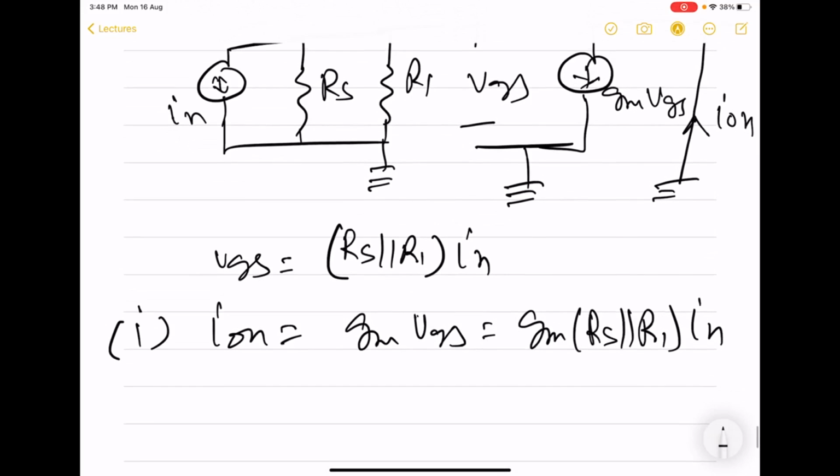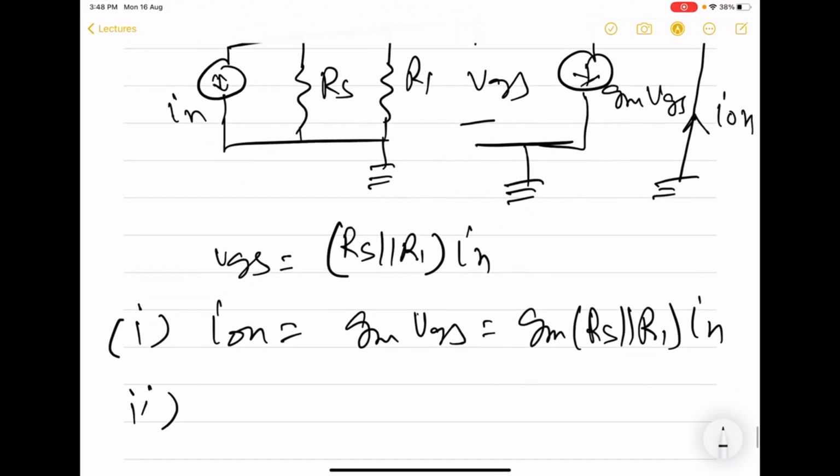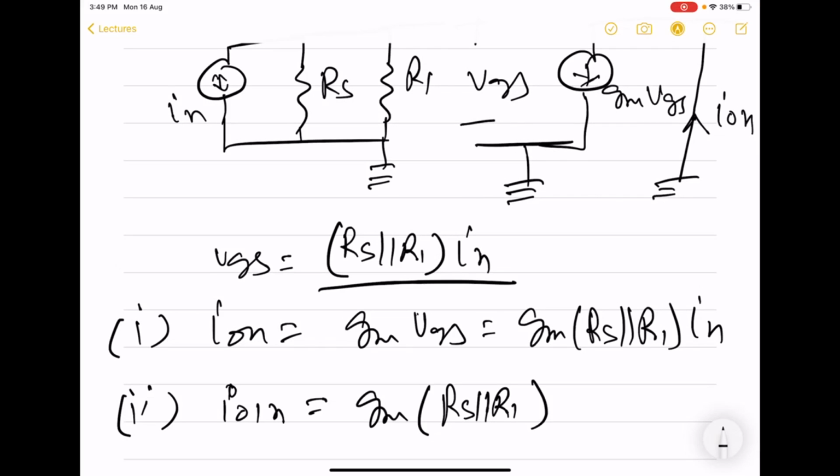This is the first current, and second, IO1N will be GM into VGS, where VGS is of a similar form: RS parallel R1 times I1N.